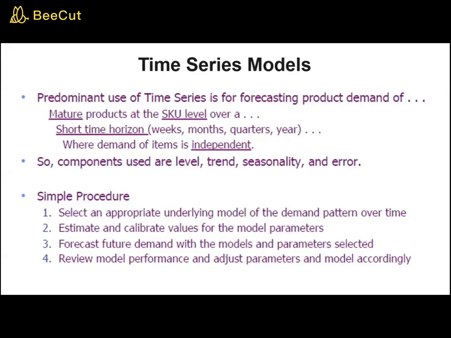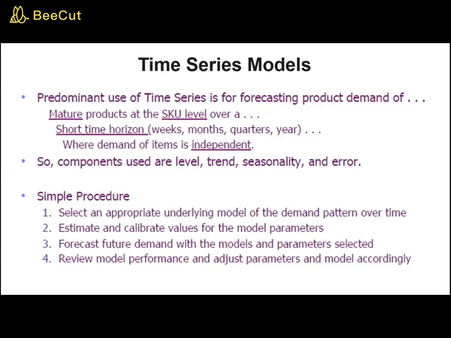And generally speaking, the demand of the item that you are forecasting should be independent, shouldn't be dependent on any other factor. So for example, if you want to find the forecast for the tires of a motorbike, then that is a dependent product, because the number of tires that are sold depends on the number of motorbikes that are sold.